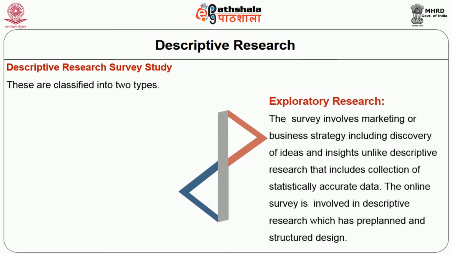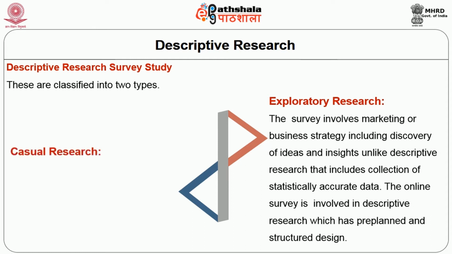In survey involving exploratory research, survey involves marketing or business strategy, including discovery of ideas and insights, unlike descriptive research that includes collection of statistically accurate data. The bulk of online survey is involved in descriptive research, which has pre-planned and structured design. By this, we get a clear opinion and attitude about the respondents.